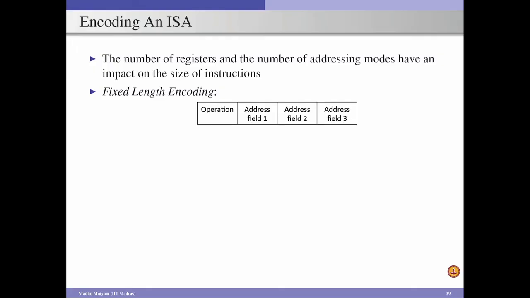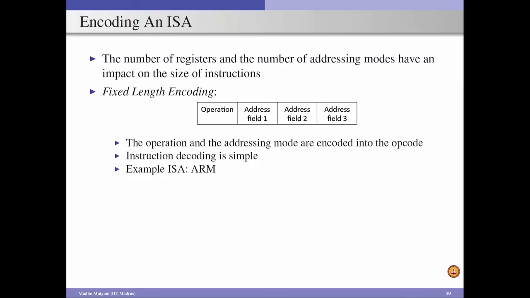So, given all these things, instructions are traditionally encoded in two ways. One is the fixed length encoding, where the total instruction occupies one word, and each instruction is divided into multiple fields, and each field has a specific meaning.